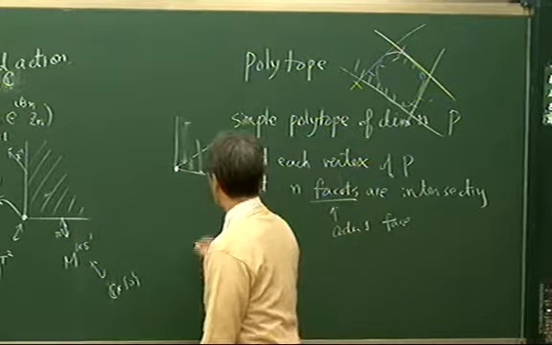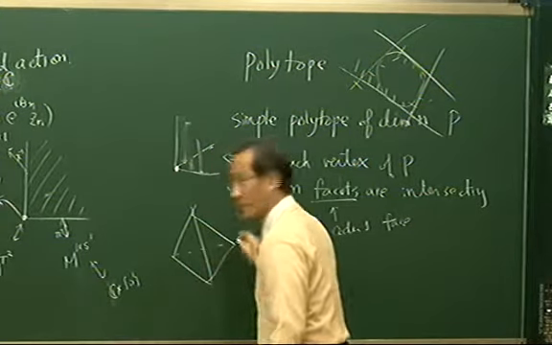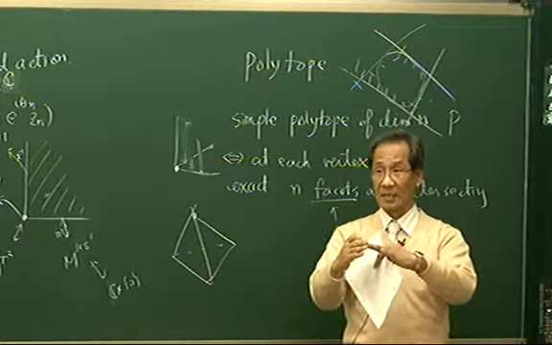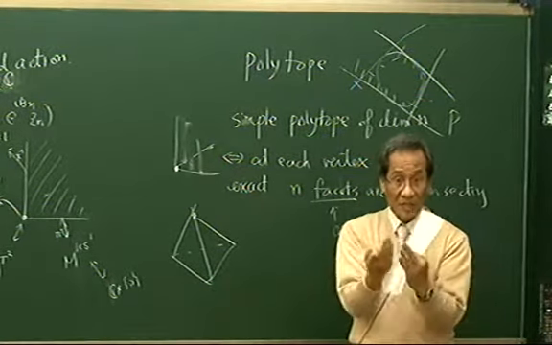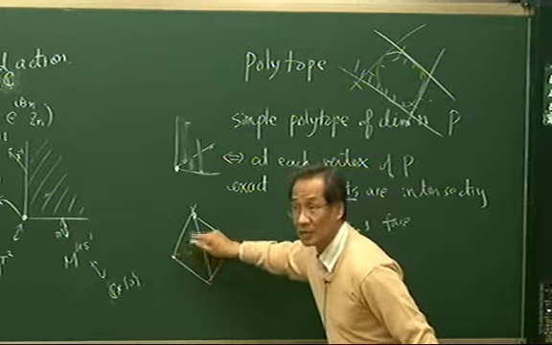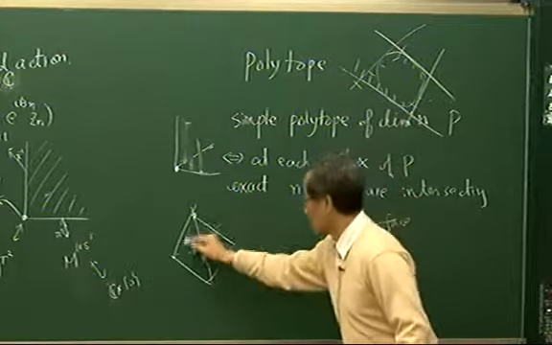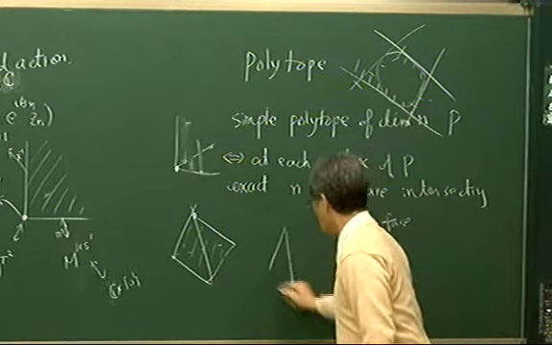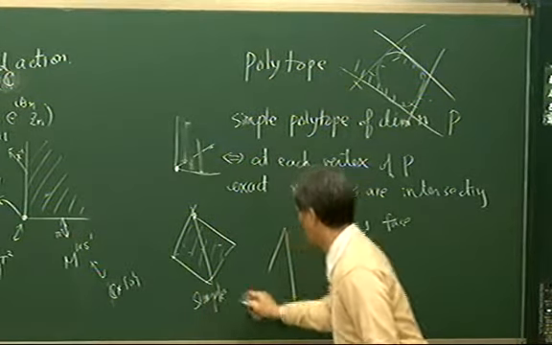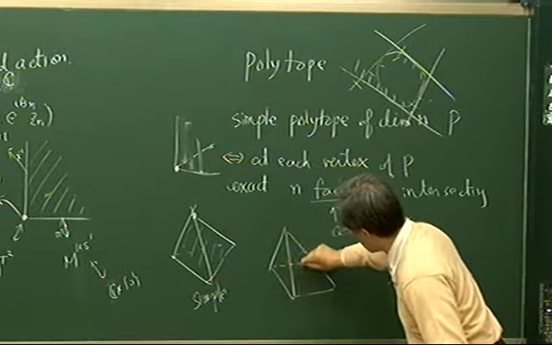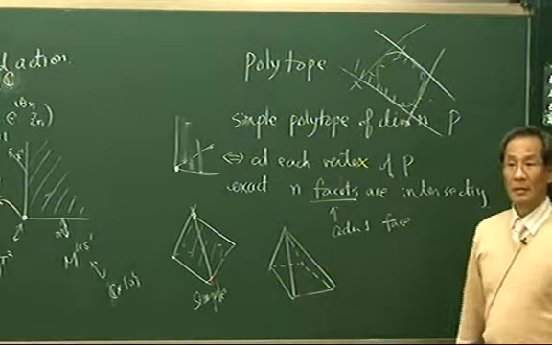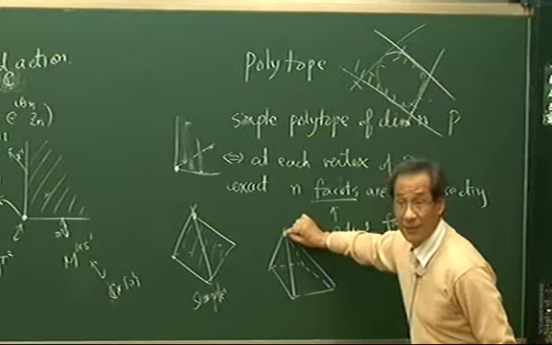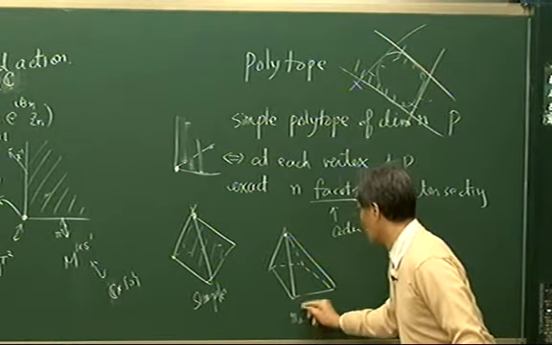So if you have a polytope like this one, then at each vertex, 1, 2, 3, three facets, in other words, codimension 1, so two-dimensional faces, are intersecting. Here, three two-dimensional faces intersecting. You are also considering the interior. So this is simple, but something which is not simple is like a pyramid. Okay. So at all other points, you have three facets intersecting, but here, four facets are intersecting. So this is not simple.